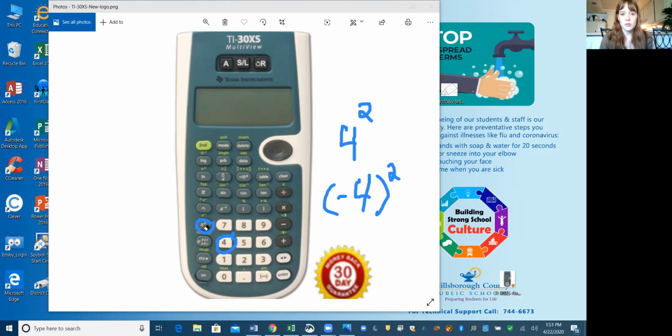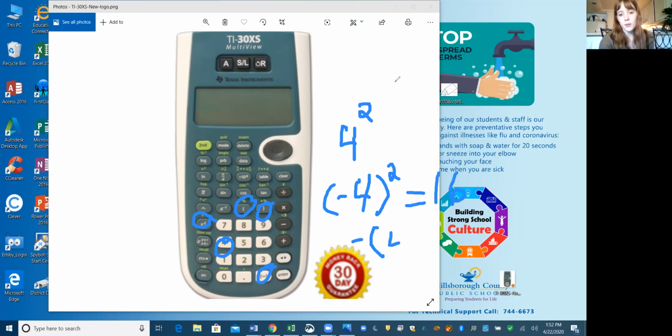So let me just erase those things really quick. So basically you would put your parenthesis, the negative sign, the 4, the parenthesis, and then the squared symbol. Put it in exactly how you see it into your calculator, or you will get it wrong. If you followed directions correctly, you should have gotten positive 16 for that one.